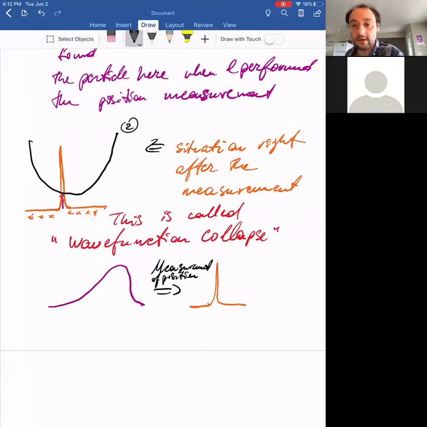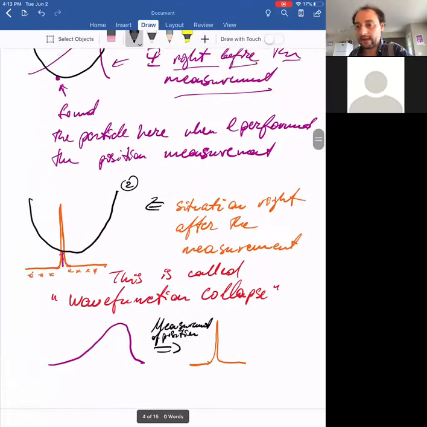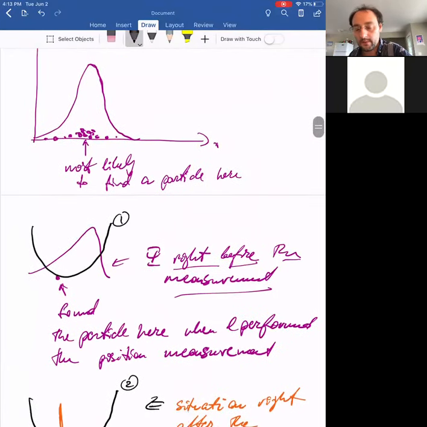I'm simply communicating to you the best standard understanding of quantum measurements. Now, there are alternative interpretations of quantum mechanics. We're dealing with the standard interpretation called the Copenhagen interpretation. I tried to be as clear as I could concerning the position measurement.